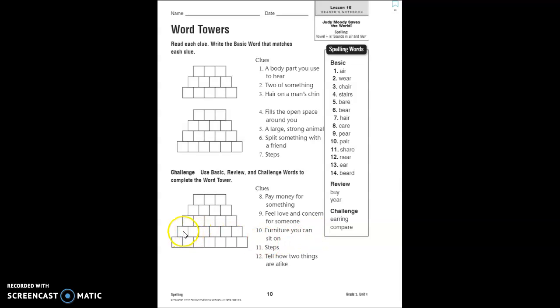Furniture you can sit on. 1, 2, 3, 4, 5, 6. Oh, I'm sorry. I knew that wasn't right. Here's 8, here's 9, here's 10. It's 5 letters, guys. I apologize. 1, 2, 3, 4, 5. Furniture you can sit on.